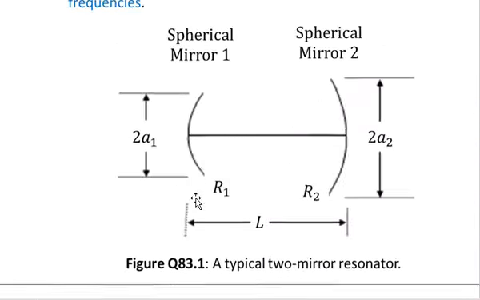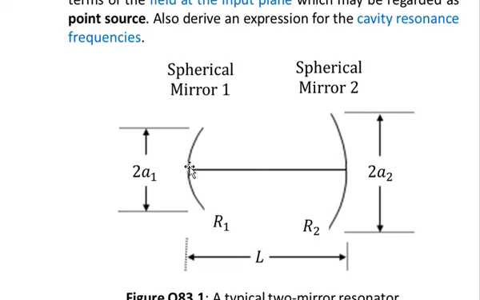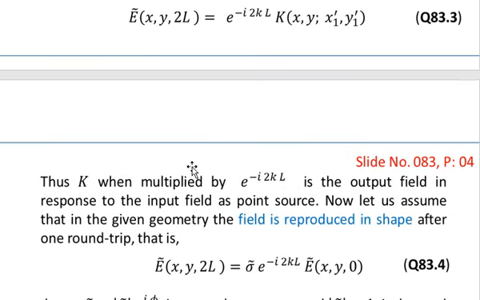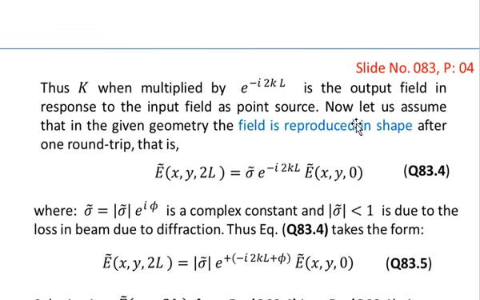When the field travels from mirror 1 towards mirror 2 and then travels back towards mirror 1, the field leaving mirror M1 towards mirror 2 and the field received from mirror 2 at mirror 1 must have the same shape. So this is what we have written over here: the field is reproduced in shape after one round trip. So the output field should be the same as the input field.